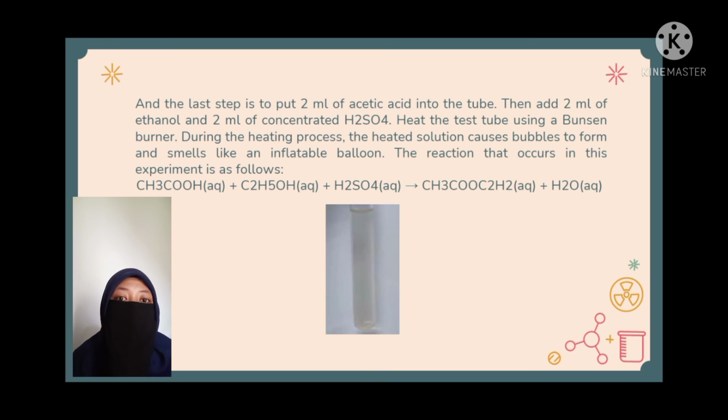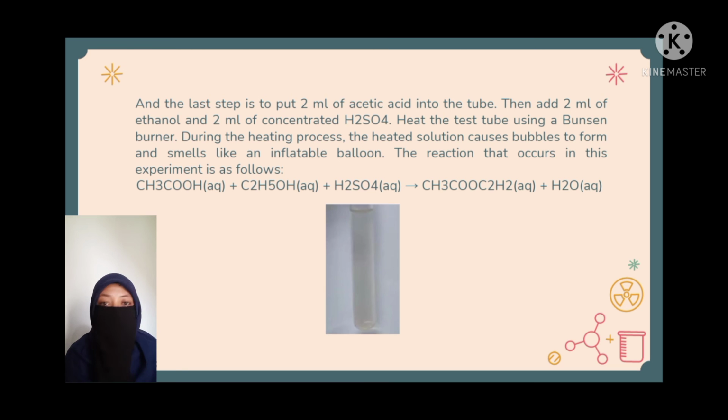Heat the test tube using a Bunsen burner. During the heating process, the heated solution causes bubbles to form and smells like an inflatable balloon. The reaction that occurs in the experiment is as follows: CH3COOH plus C2H5OH plus H2SO4 gives CH3COOC2H5 plus H2O.